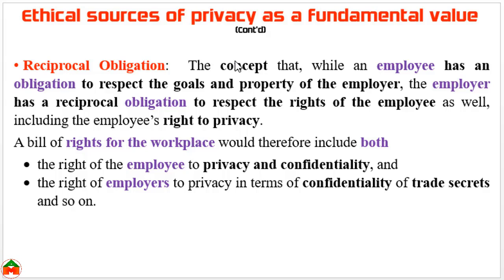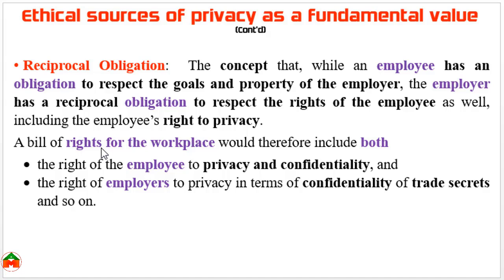Reciprocal obligation is a concept which implies that while an employee has an obligation to respect the goals and property of the employer, the employer has a reciprocal obligation to respect the rights of the employee as well, including the employee's right to privacy. That means in reciprocal obligation, both the employee and the employer have an obligation to each other.